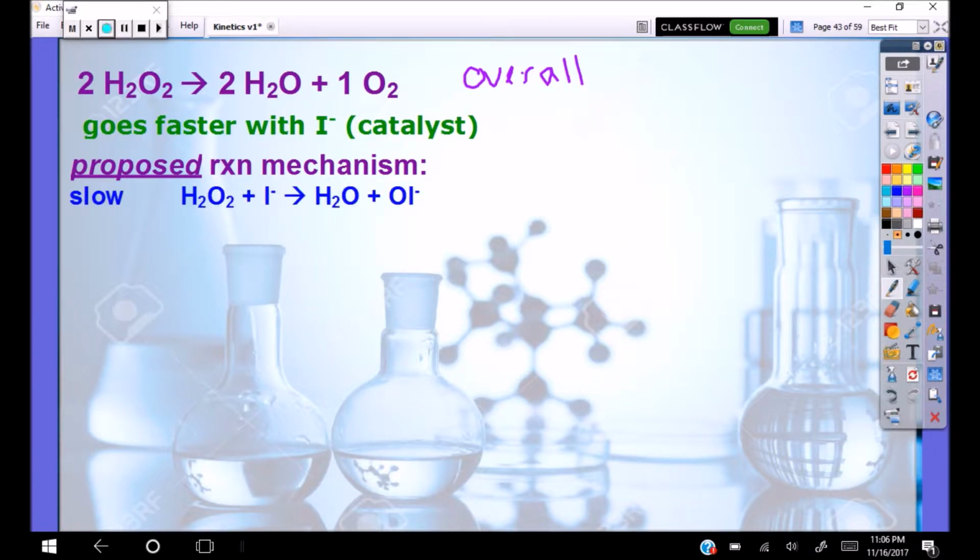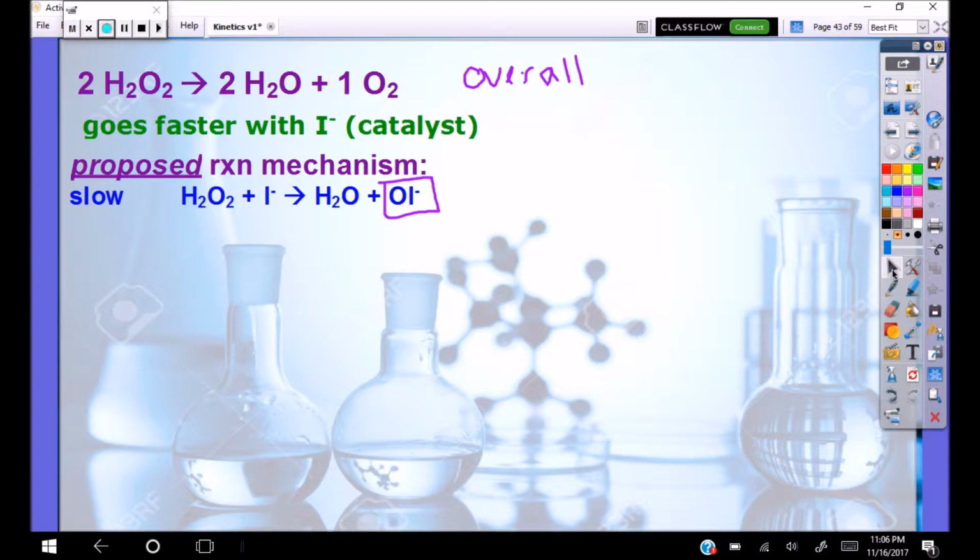All right. So we have a slow step, and the hydrogen peroxide comes into contact with our catalyst, and it forms this intermediate here, OI minus. This thing doesn't truly exist. We're not really sure what it is. It doesn't follow normal bonding rules, but we can say that this might be something that forms in between.